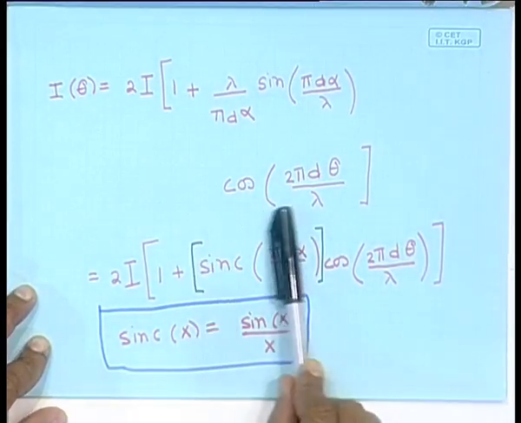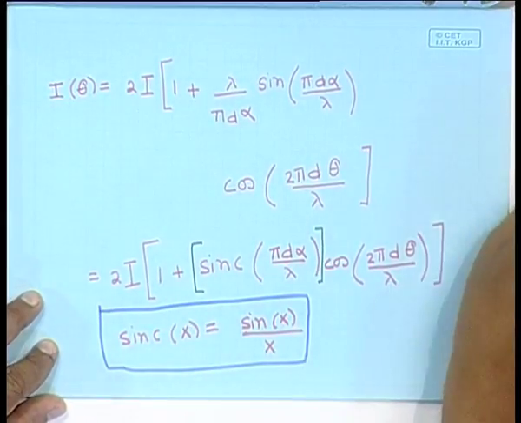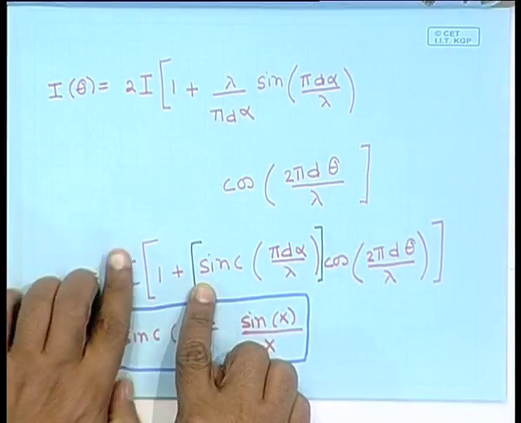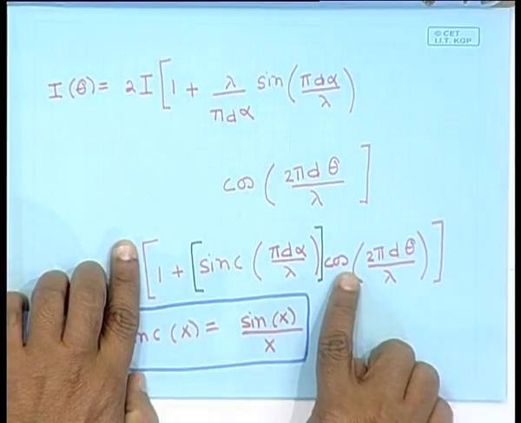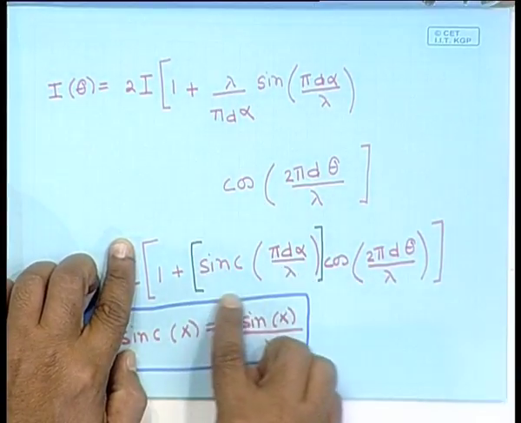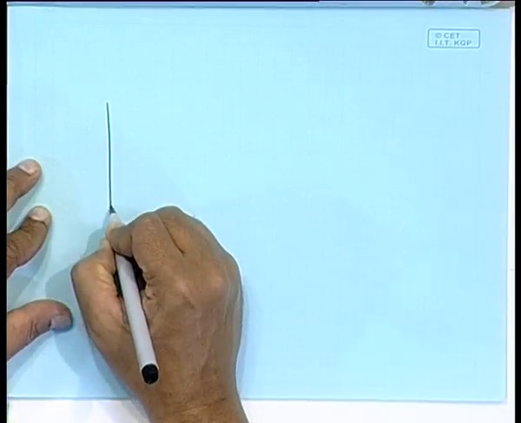What happens when this factor gets smaller and smaller? Let me just discuss that. Let us just focus on this term, 1 plus cos(2 pi d theta by lambda). When this factor over here is 1, the interference pattern looks like this.